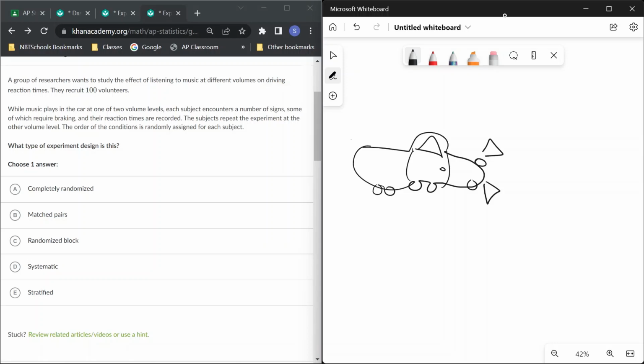So in the car, we want to know the effect of listening to music at different volumes on driving reaction times. So we have 100 volunteers, and while music plays in the car, we have some music going on here.